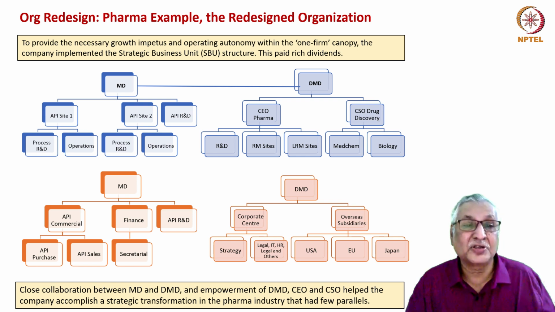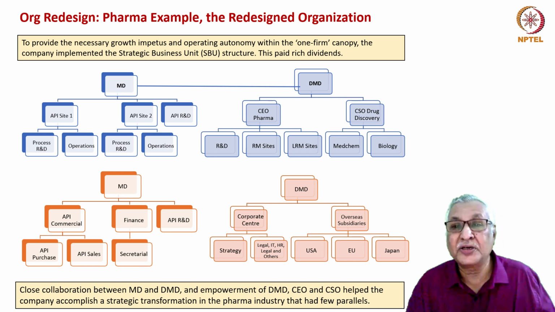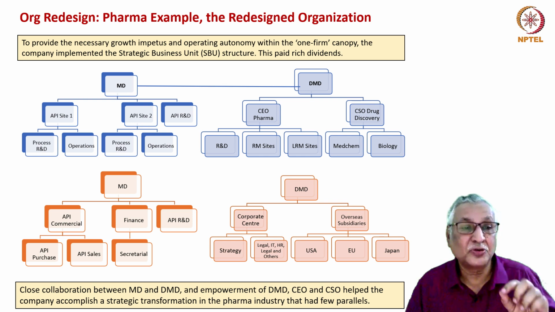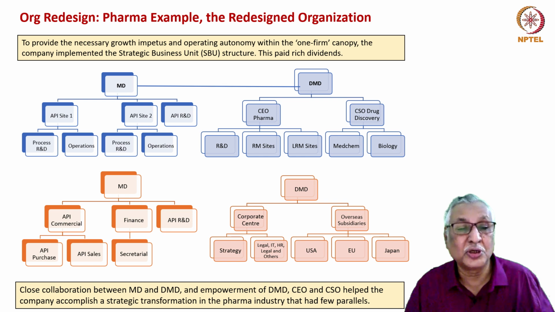To provide the necessary growth, impetus, and operating autonomy within the one firm canopy, the company implemented the SBU structure, that is, the strategic business unit structure. This paid rich dividends. You have managing director who continued to look after API Site 1, API Site 2, API R&D. And API Site 1 had its own process R&D and operations, and similarly API Site 2 had its own process R&D and operations.